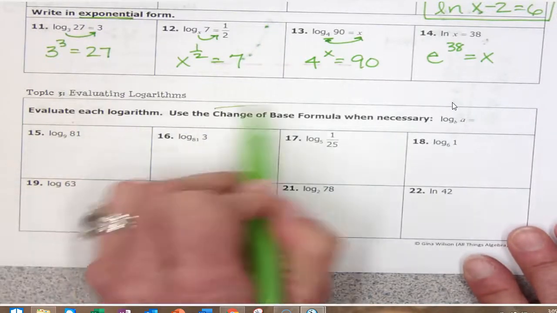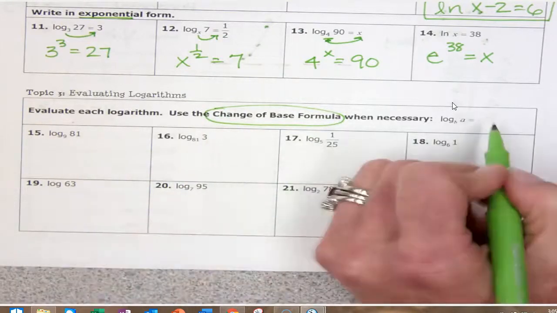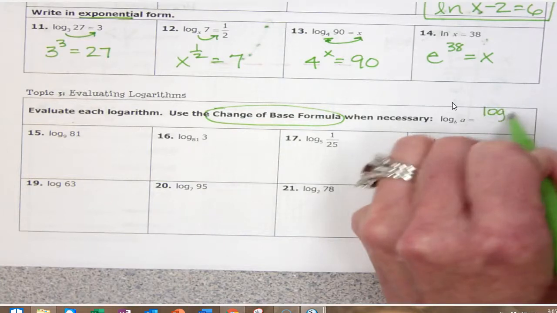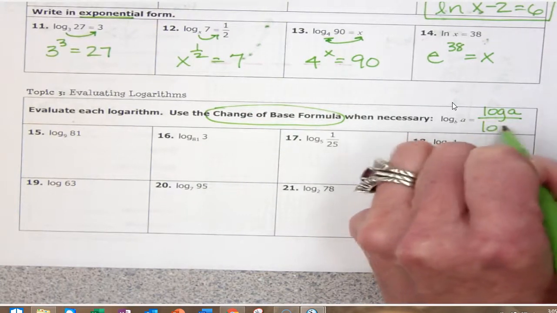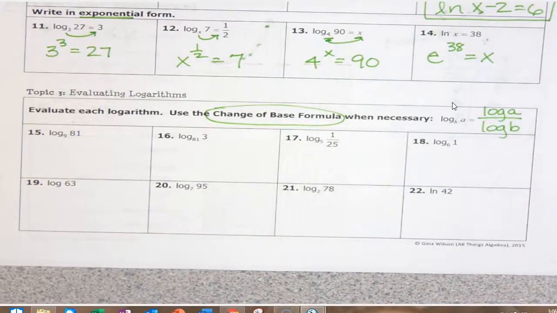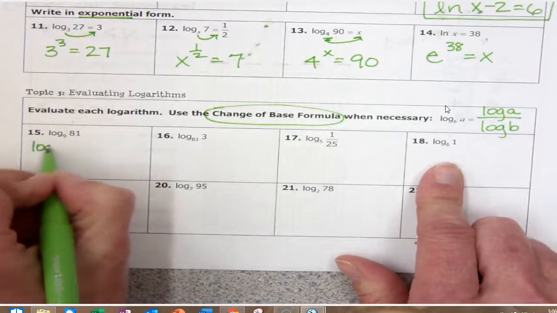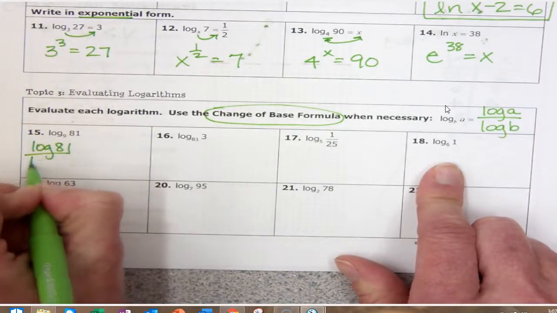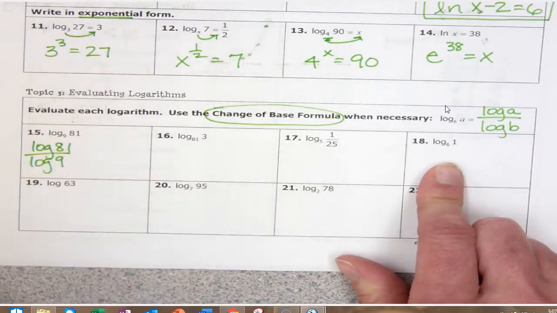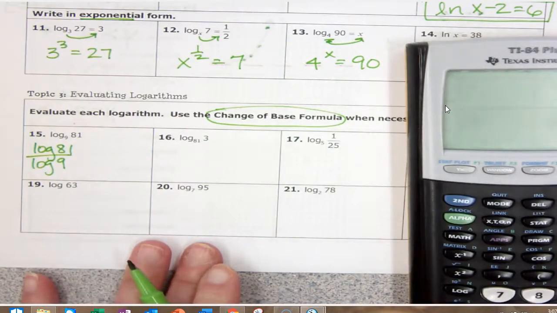Evaluate each logarithm. Use the change of base formula when necessary. Your change of base formula is log of a divided by log of b. So for these ones, you're going to have log 81 divided by log 9. Here you really don't need to use your change of base formula, but we'll do it anyway.